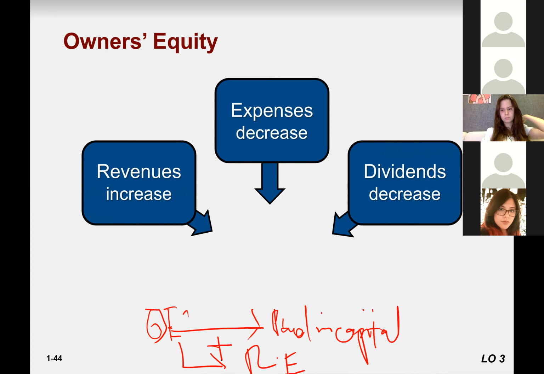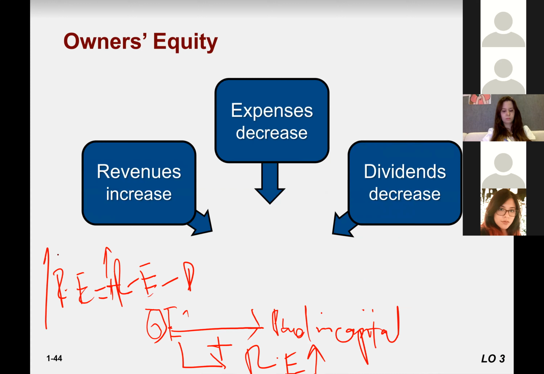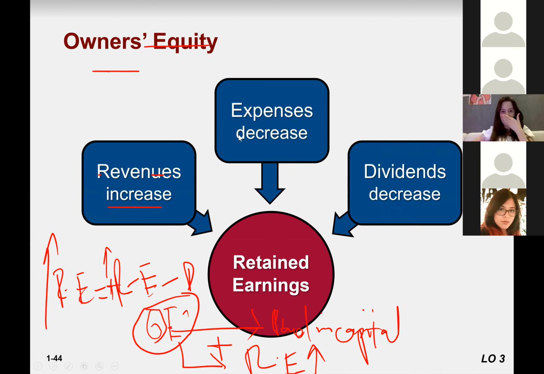So you tell me, if revenue increases, it increases the retained earnings, right? Because what is the formula for retained earnings? Retained earnings equals revenue minus expenses minus dividends. The revenue is positive. So revenue increases, retained earnings increases, and that means owner's equity increases. So that's why a revenue increase causes an increase in retained earnings and an increase in equity.